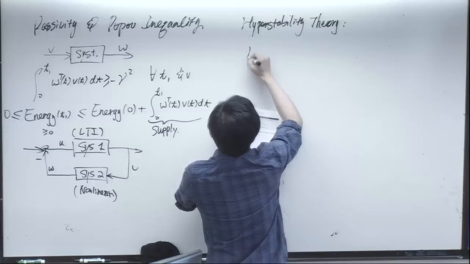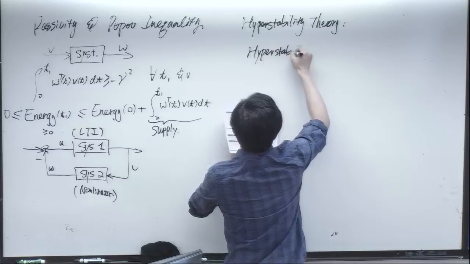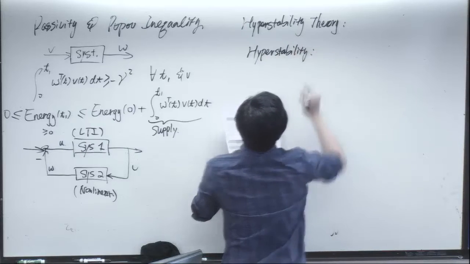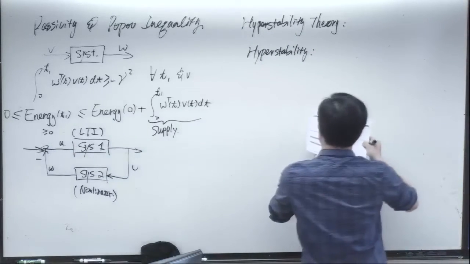there are two versions. First is the easier version, the less restrictive version, hyperstability.